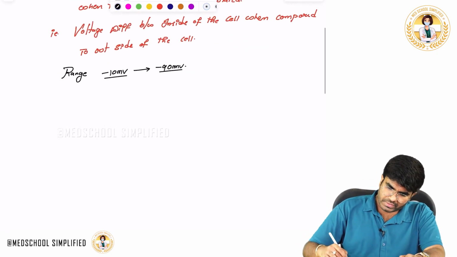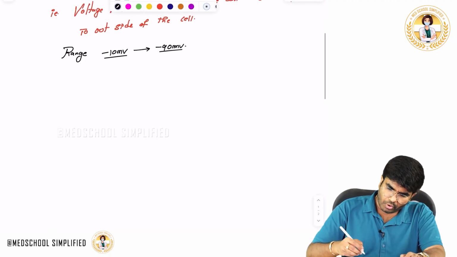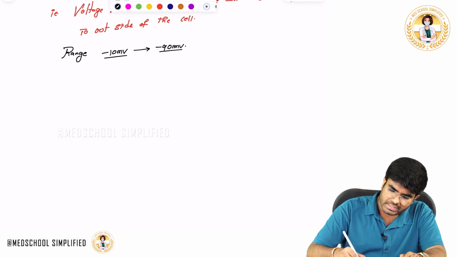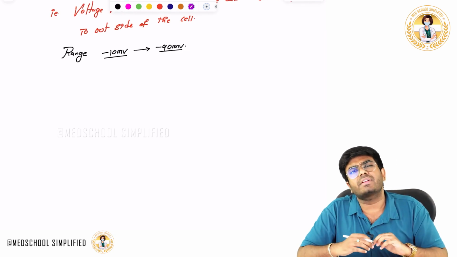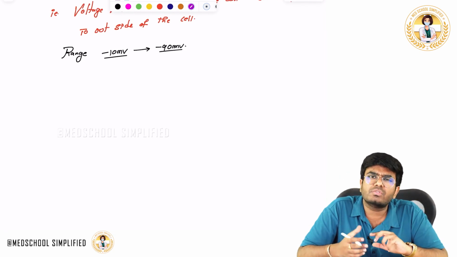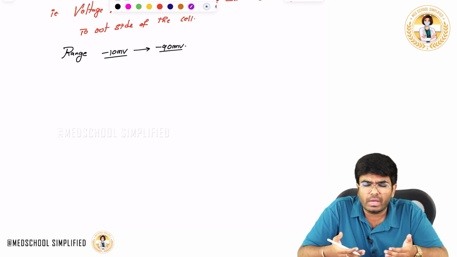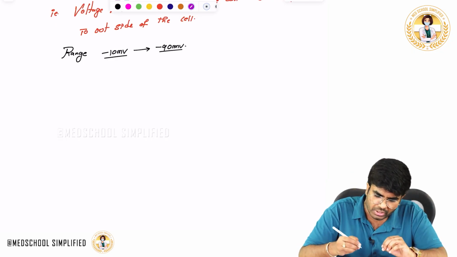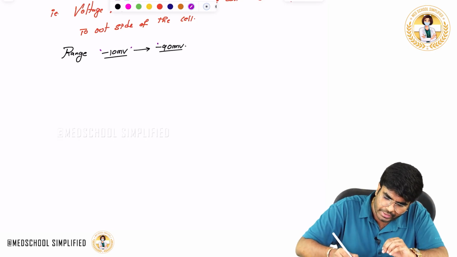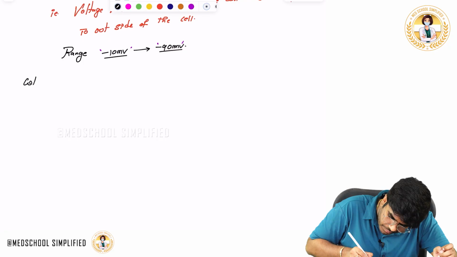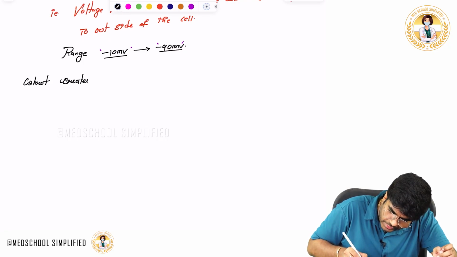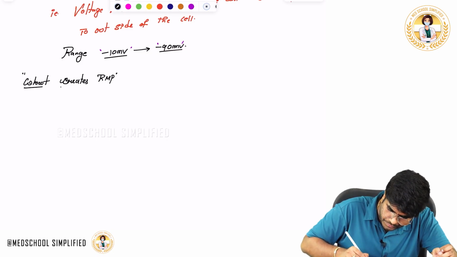Now, first of all, what is creating this resting membrane potential? Why is there this difference across the cell membrane? Why is there this voltage difference? Outside there is positive and inside there is negative. Almost all the cells have a negative resting membrane potential. So what creates resting membrane potential?